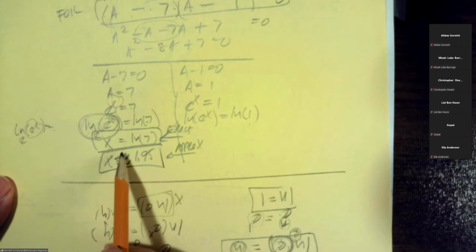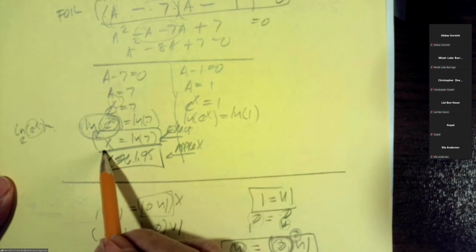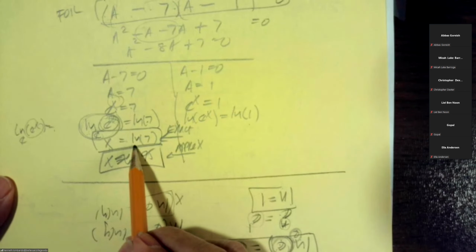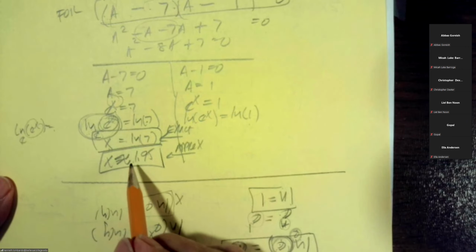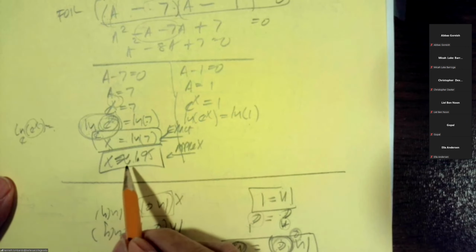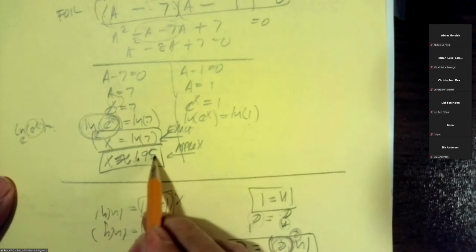Okay. So going down the left side, I come up with an exact answer of x is the natural log of 7. And if we're asked for it to 2 decimals, I can put that in my calculator and get approximately 1.95. Make sense to everybody? Questions on what we did there?